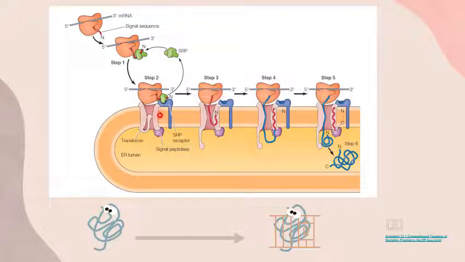After that, the SRP will be released. The signal sequence will enter the translocon. It will also be released by this signal peptidase, and then the polypeptide will be released in the lumen.